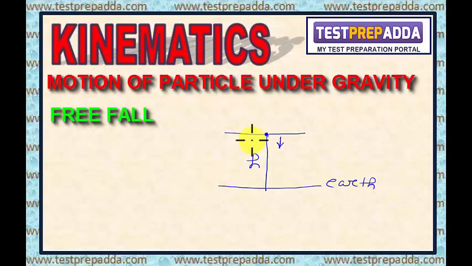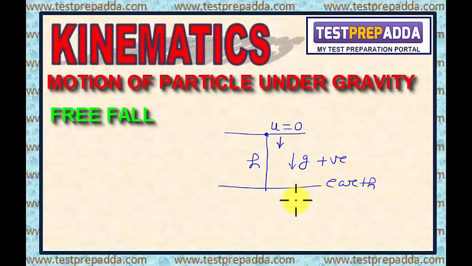And this motion can be said as the example of straight line motion under constant acceleration. And we have already talked about straight line motion under constant acceleration. Here, this initial speed u will be written as 0 and the g, that is acceleration due to gravity, in the downward direction is taken to be positive.